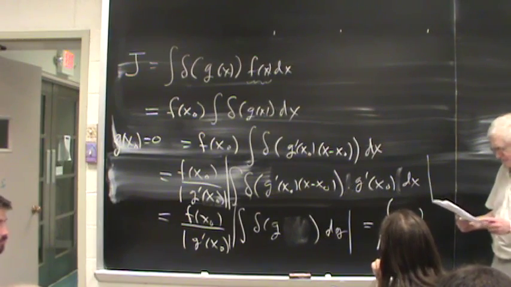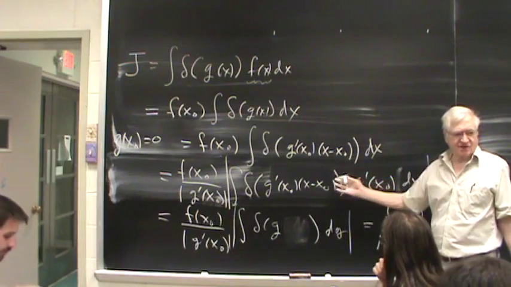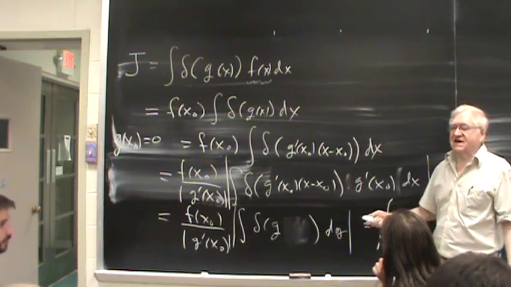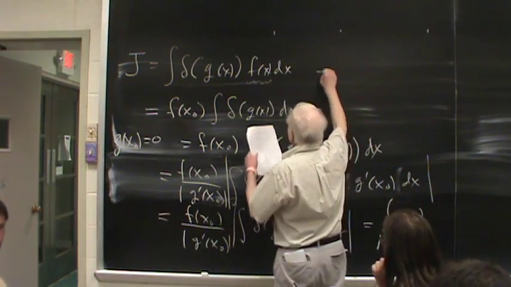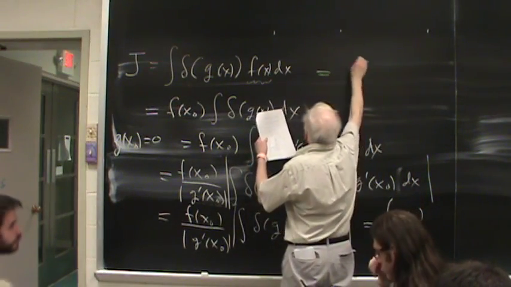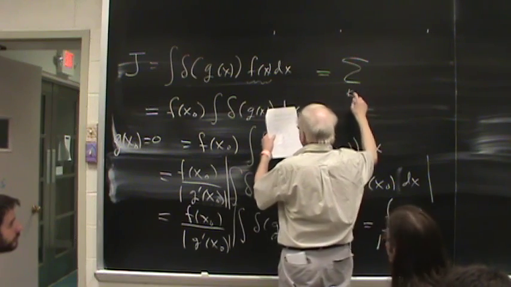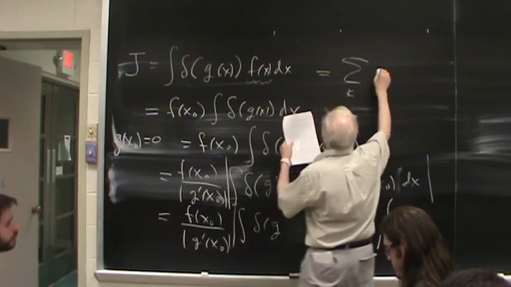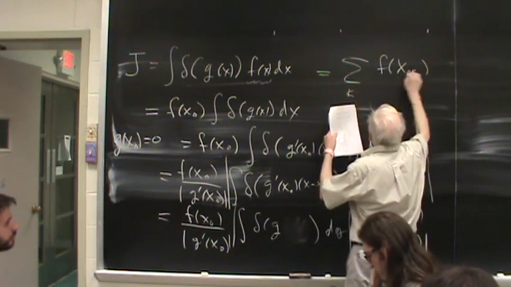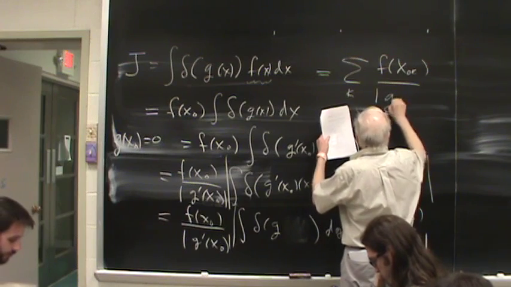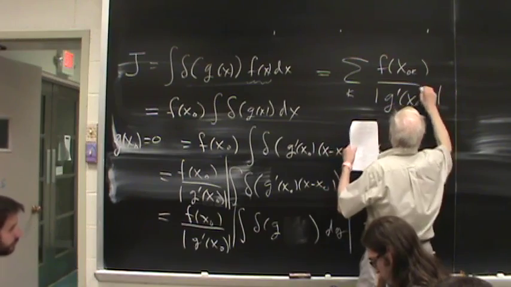Okay, now, this was for the case of g having a single zero. Maybe it has several. So the real answer is that J is the sum over the roots of f of x0k divided by the derivative evaluated at x0k.